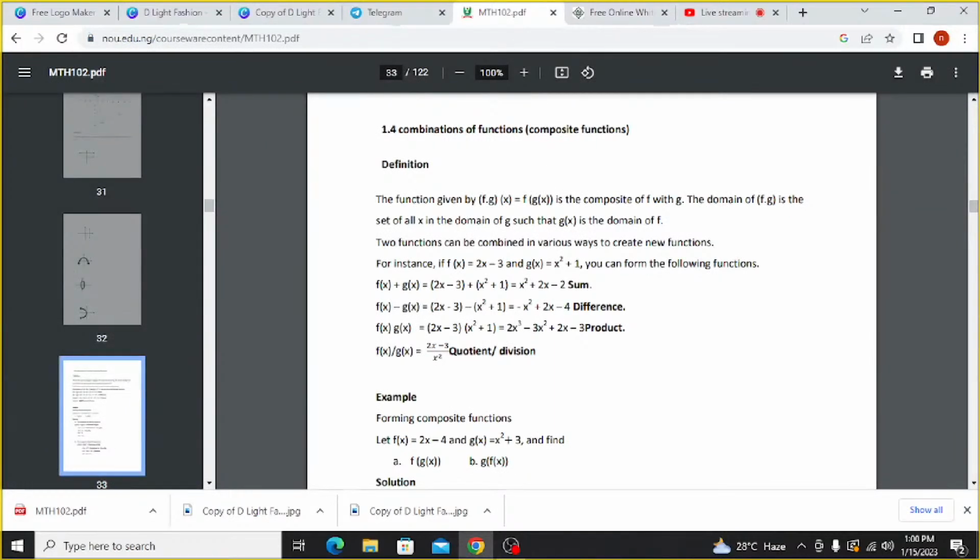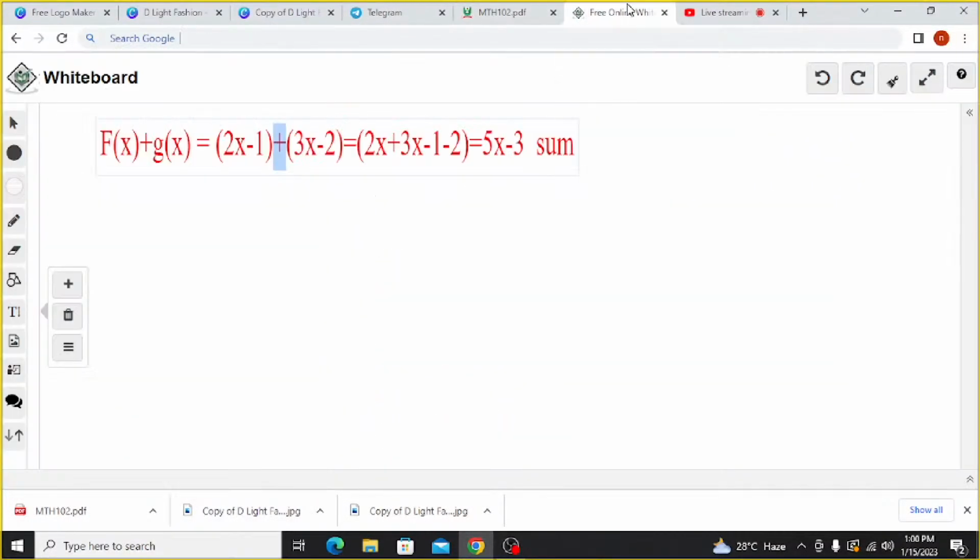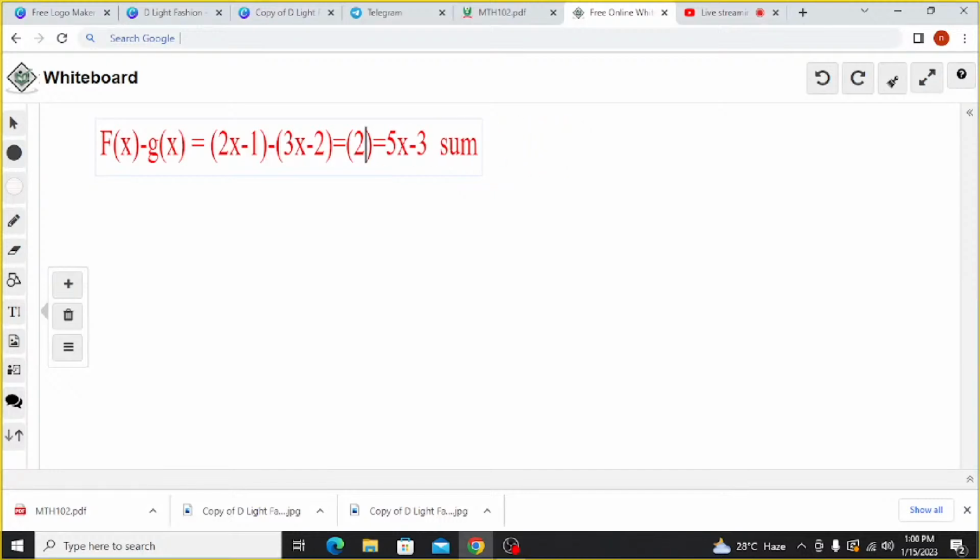The second one is difference. Difference means minus. Now how do we find our difference? Let us change this sign to minus. Before you do the difference, you use the minus to open the bracket. Now we have 2x minus 1.